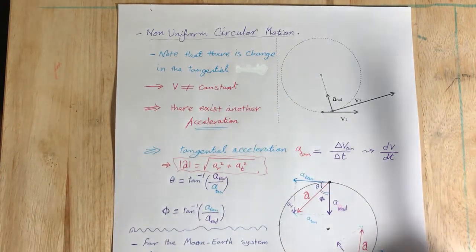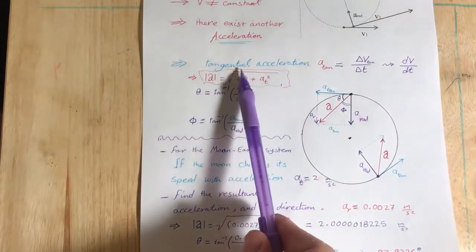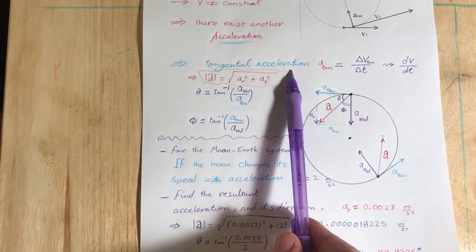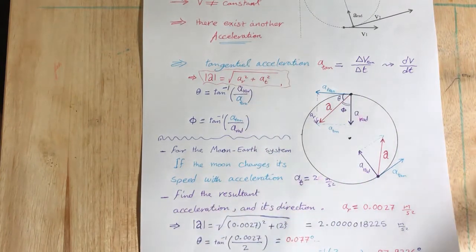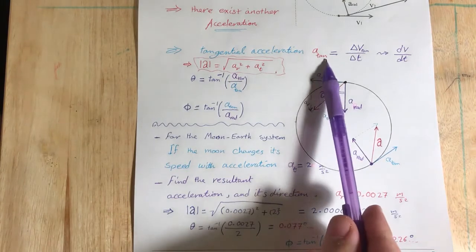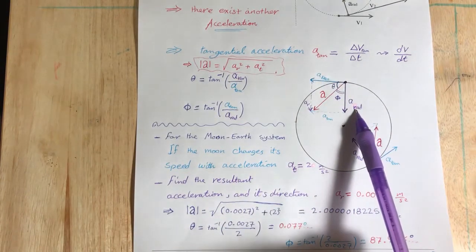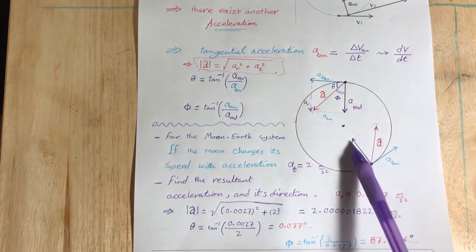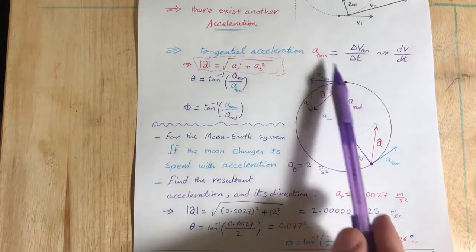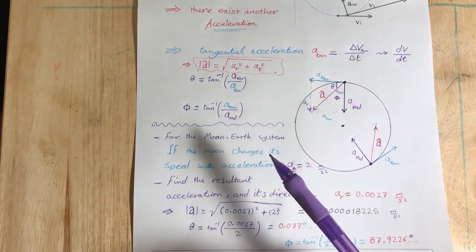We have another acceleration now. This acceleration we can call tangential acceleration, which is the same acceleration that we know from before, change in speed. The tangential acceleration is different than the radial acceleration toward the center. The tangential acceleration is tangential to the circular track.